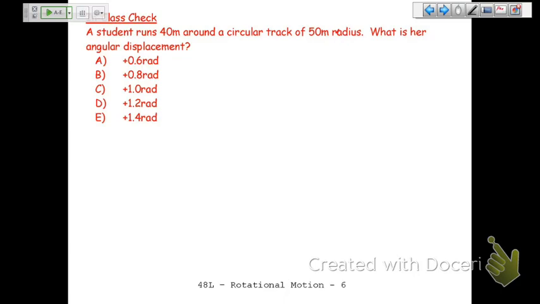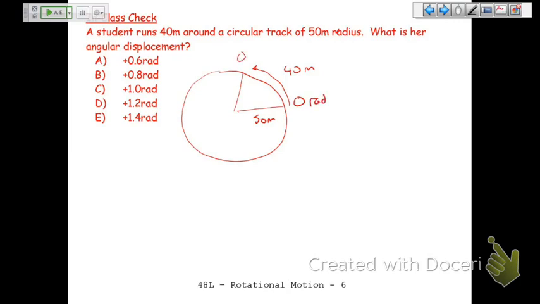A student runs 40 meters around a circular track. So here's my circular track, and here's my student, and they run 40 meters. This is a 50-meter track. So what is the angular displacement? Well, assuming that's 0 radians, and this is theta final, I can say my theta final is equal to the arc length over the radius, which equals 40 over 50, which equals 0.8 radians.